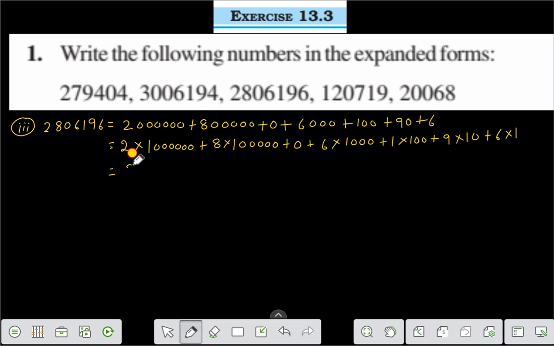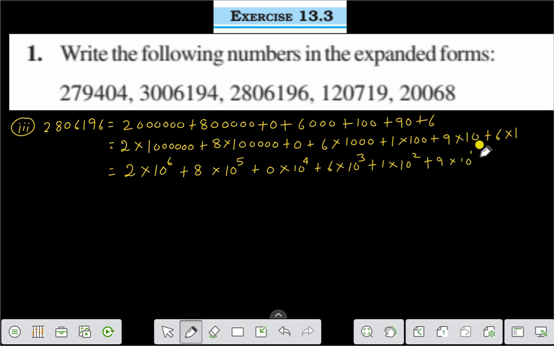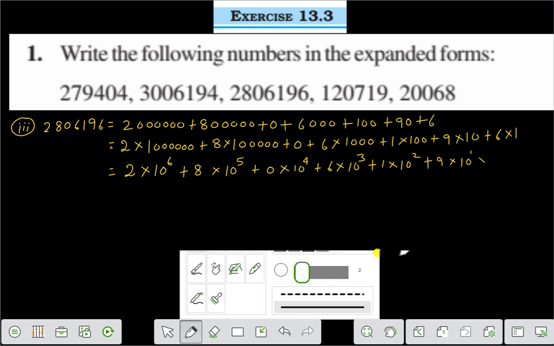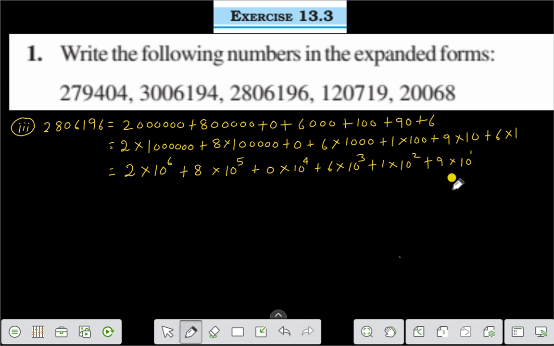You can find it this way as 2 into 10 to the power 6, plus 8 into 10 to the power 5, plus 0 into 10 to the power 4, plus 6 into 10 to the power 3, plus 1 into 10 to the power 2, plus 9 into 10 to the power 1, plus 6 into 10 to the power 0. Right? In this way you can find the values.